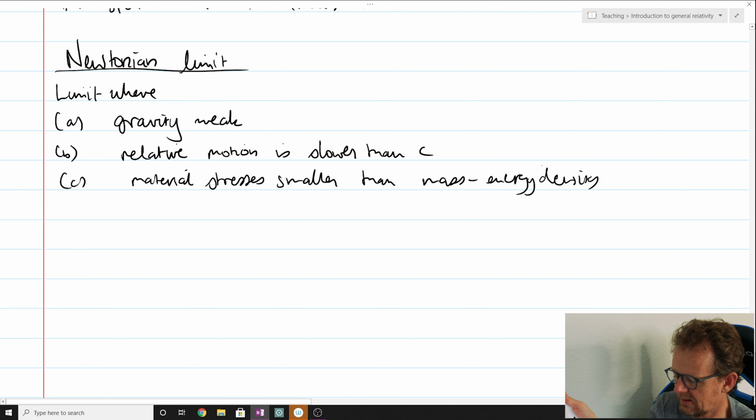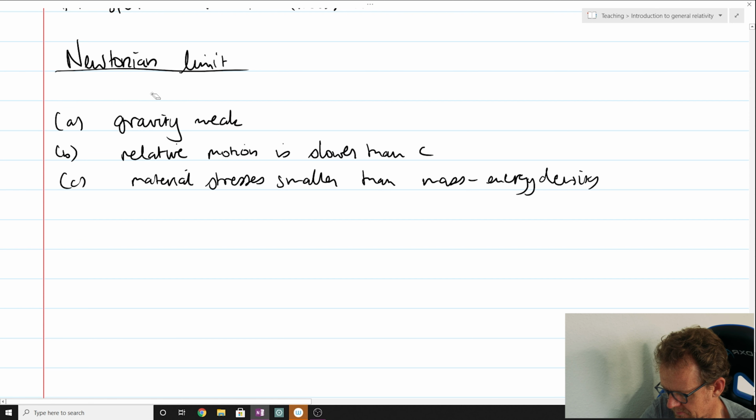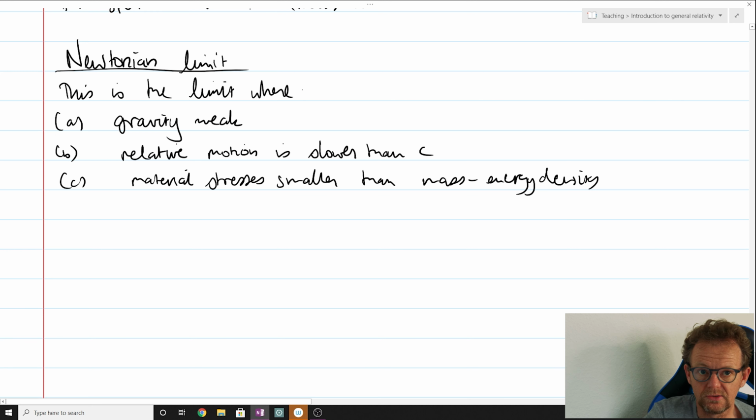So you can't have the material made up of little particles zooming around at speeds near the speed of light. Okay, these assumptions allow us to do some simplifications.